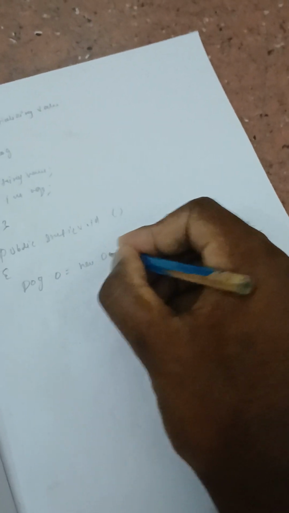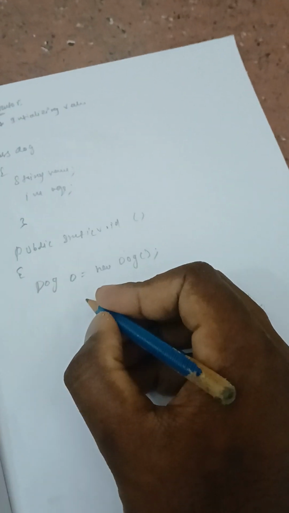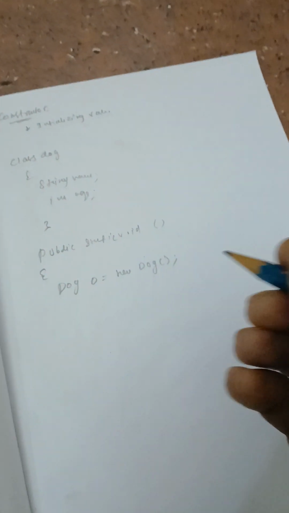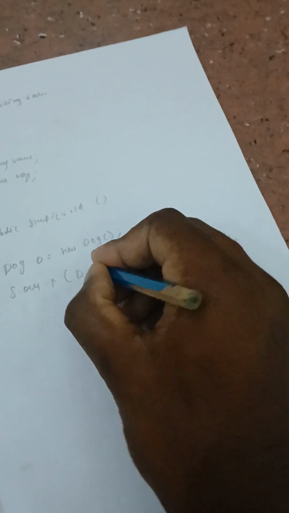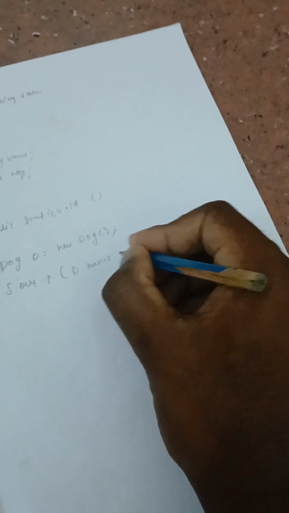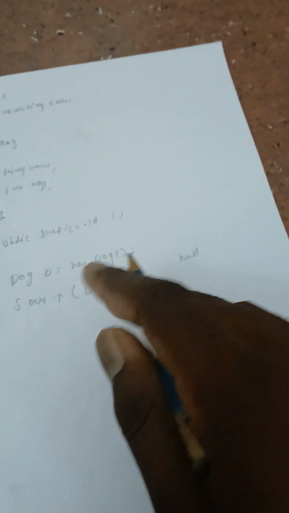Then just print out, System.out.println(d.name). The output will be null.